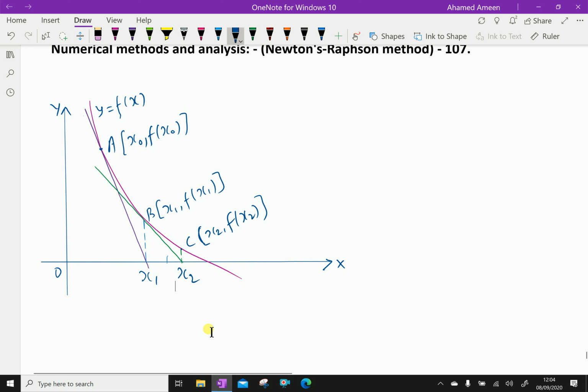Let S be the actual root of the equation f of x equal 0.